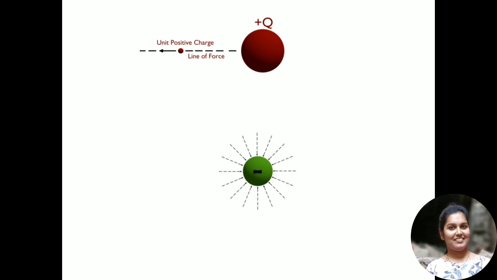So to represent the influence of an electric charge in the field, the total number of lines coming from the charge is taken as equal to the value of the charge measured in Coulomb. That means a charge of Q coulombs gives Q lines of force surrounding it.